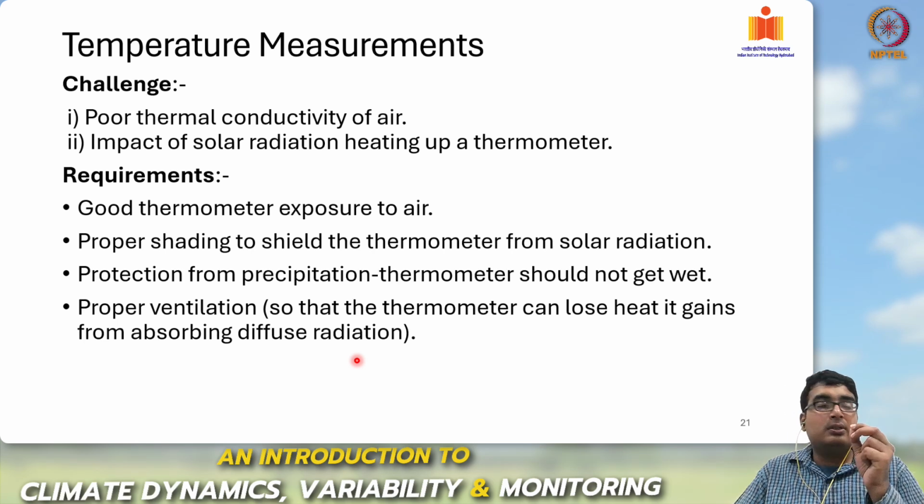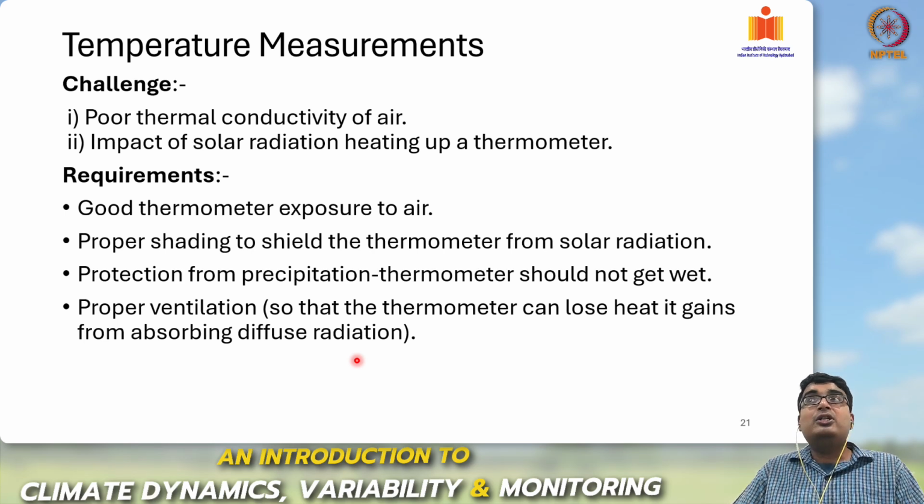This is important because when water evaporates, it absorbs heat from your sensor. So the sensor cools down and hence it is showing a lower temperature. This principle will be used in a different context when we are measuring humidity using wet bulb thermometers, but for measuring air temperature, the thermometer should be shielded from both the solar radiation and from rain.